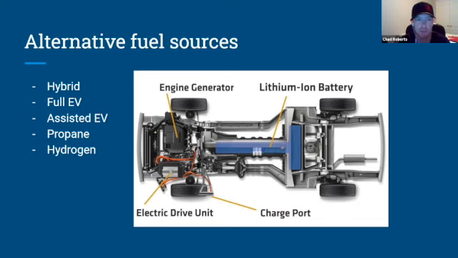A hybrid is a pretty simple system. You've got an electric battery internally in the vehicle that is charged externally, just like with our full EVs. So you basically plug it in, it's charged, it's ready to go.